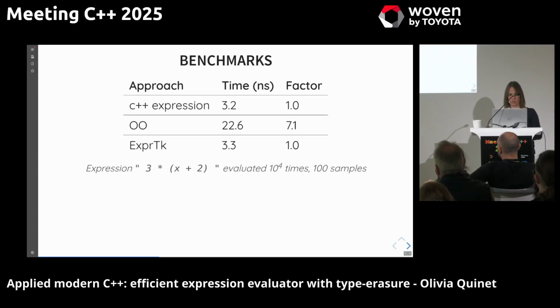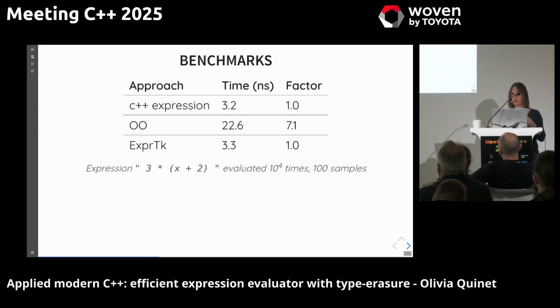If you do some benchmark, of course, that reflects badly, because for just this expression, the object-oriented method is about 7 times slower than the direct C++ evaluation. And another library, expr-tk, takes more or less the same time as the C++ expression.